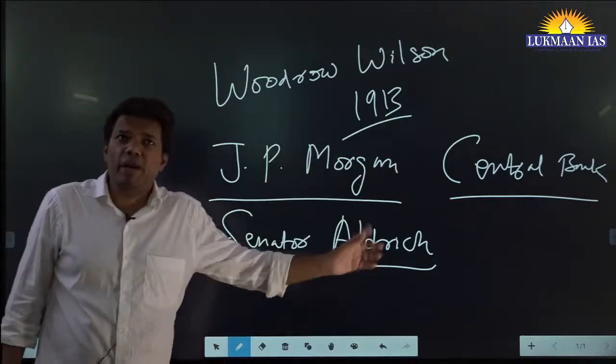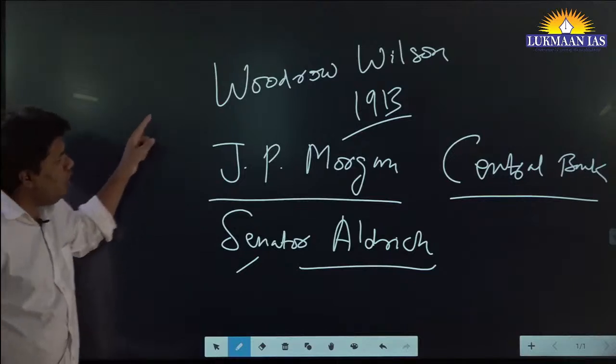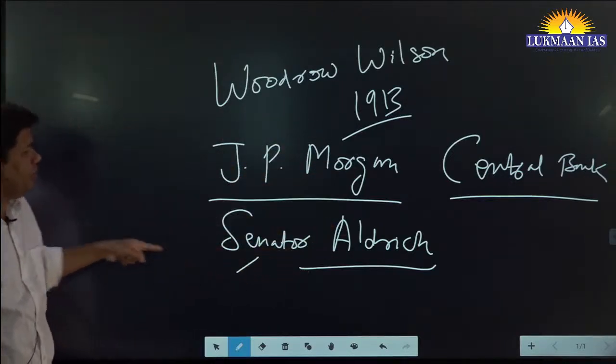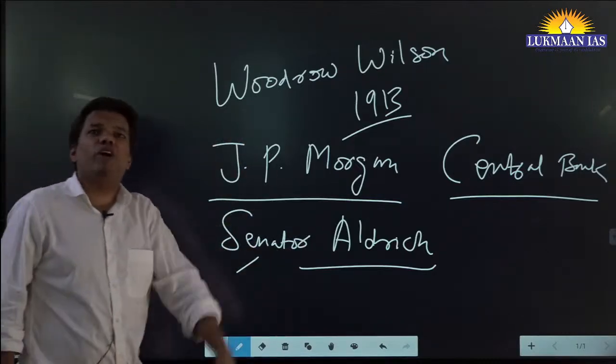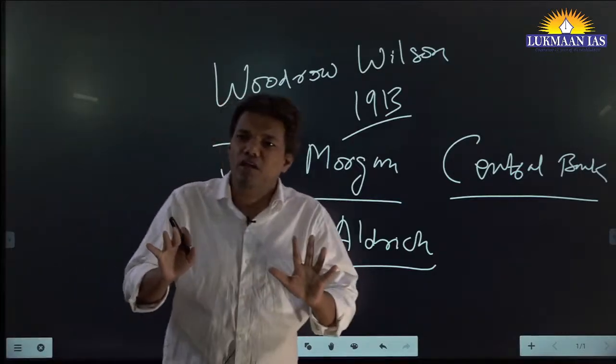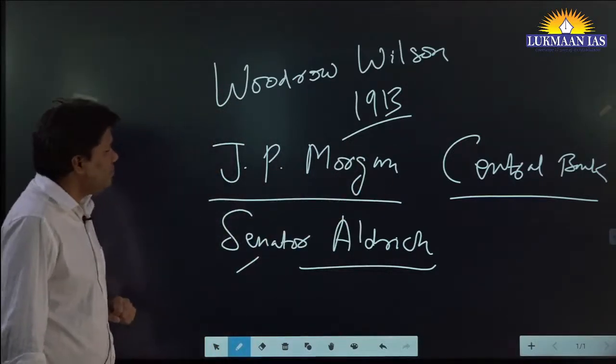You do not have to mug this up. You have to see the journey of the US. Before the US became an international, reserve currency, the US went through all these things. The same experience India will also have. India already has a central bank and all those things.